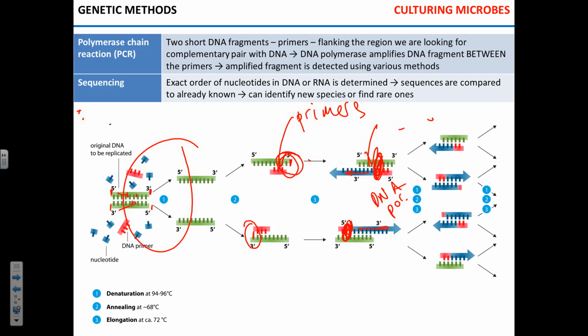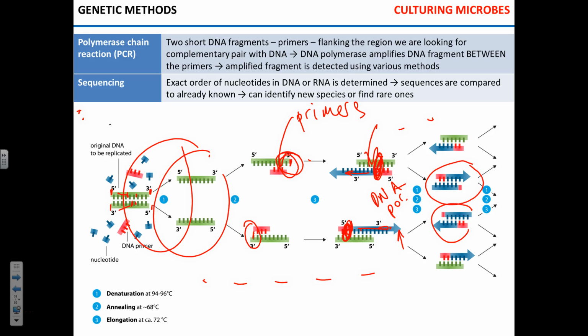Now, obviously this strand has no restriction at the end. It will go as far as it can. Okay? What's going to happen next? That's the first cycle. During the second cycle, the whole thing, starting from denaturation and so on, will go on. Now, here's what's going to happen. See this?